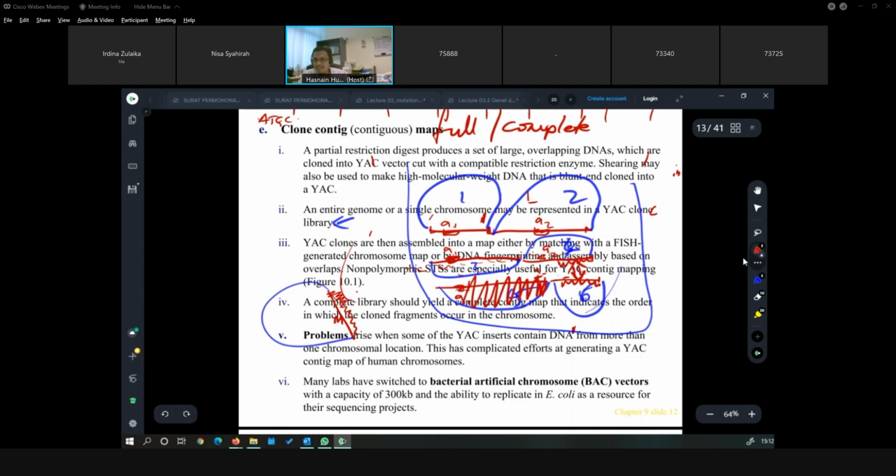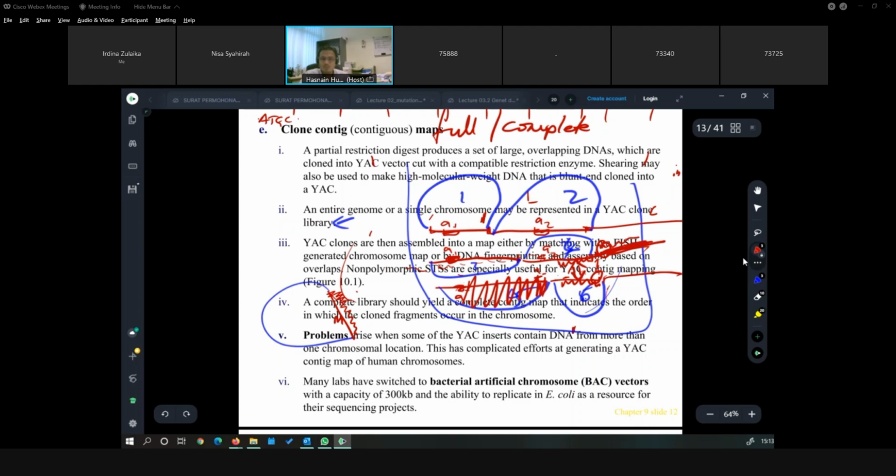So just imagine this chromosome is longer. Then later on I do a sequencing of this fragment, and this area overlaps with this one. So I know that this segment comes after this one over here.